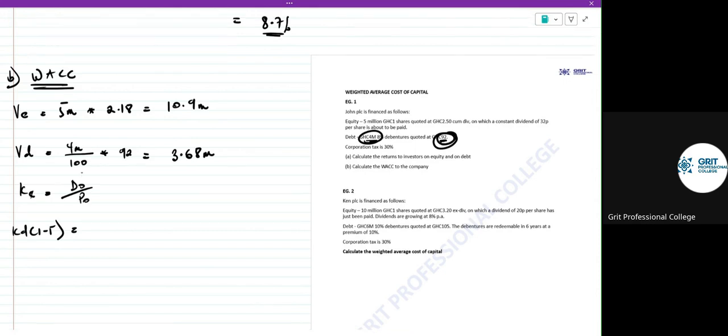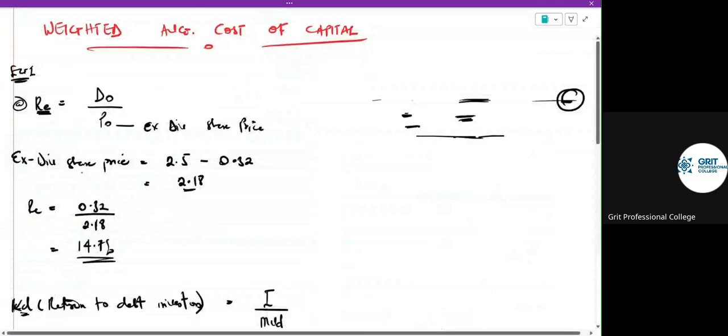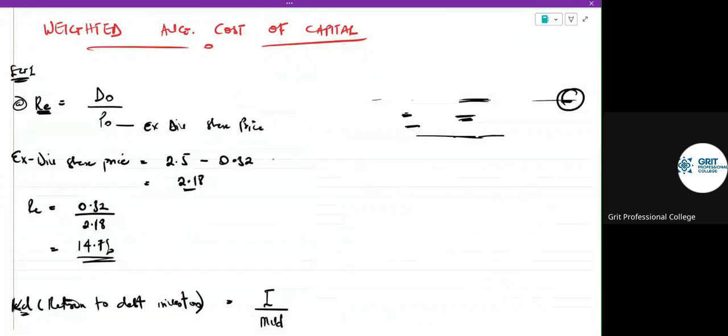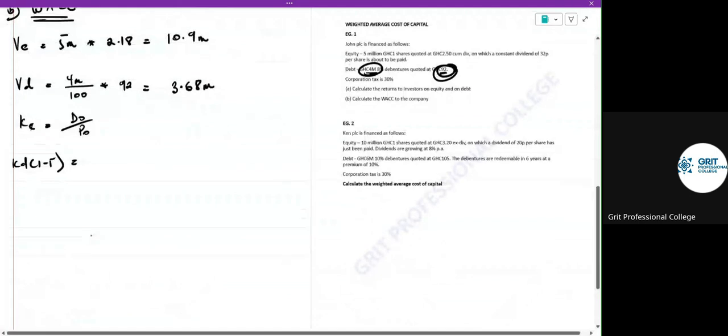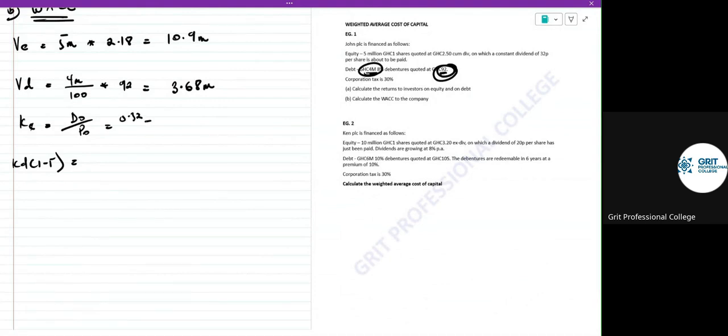Like I told you, what we calculated here as the return to shareholders is the same as the company's cost of equity. So you can just repeat the 14.7%, because the formula will give you the same thing. So it is 0.32 over 2.18, and that'll give us 14.7%.